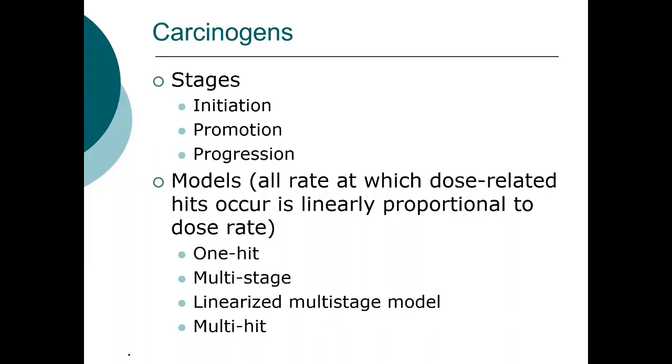There are multiple models. One is the multi-hit, which says that a single dose, for instance of radiation, is enough to cause irreversible damage, resulting ultimately in cancer. Multi-stage says that the cell line has to pass through multiple stages before the tumor is initiated. The linearized multi-stage is what EPA uses.